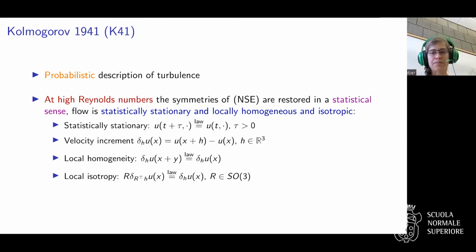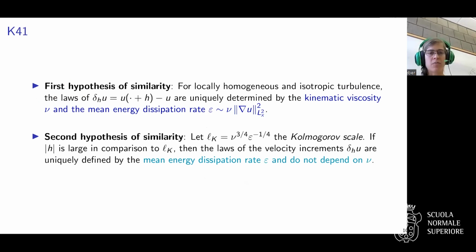And then as long as h is also small in norm, the increment of u at x plus h is distributed in the same way as the increment at x. And similarly, if h is small, you can rotate the increment and it should have the same law as the increment of u. Based on that, he also made two hypotheses of similarity.